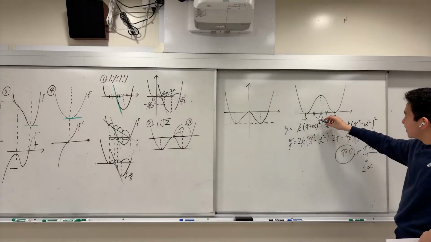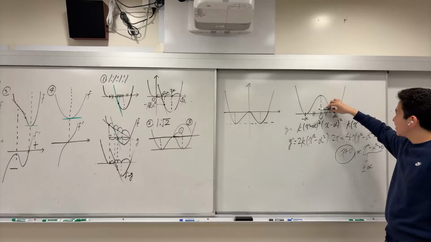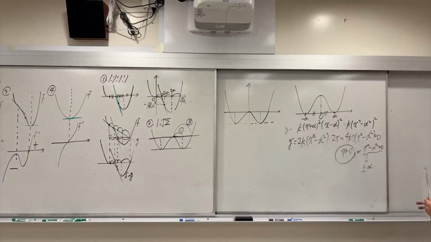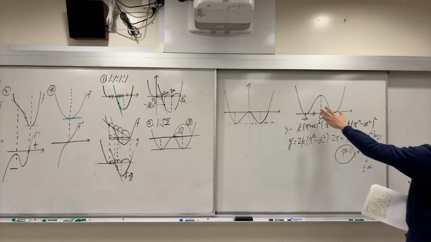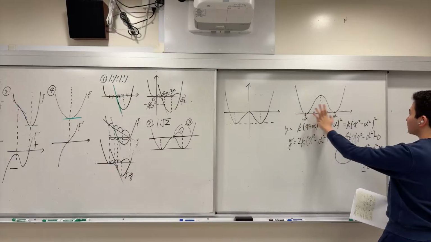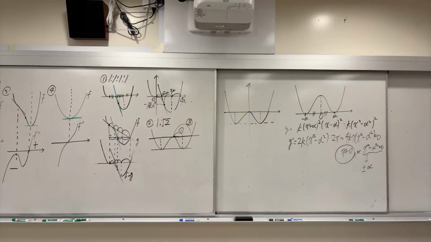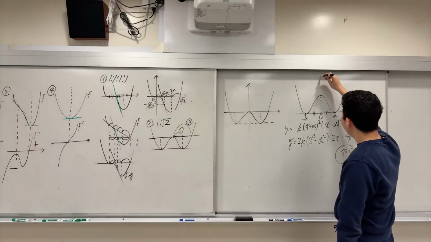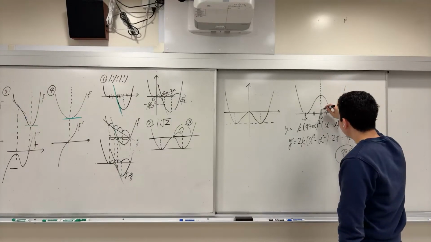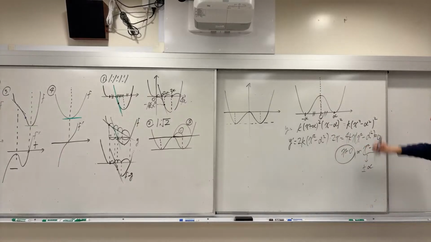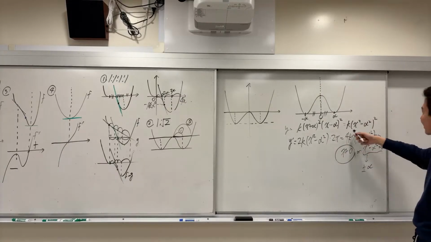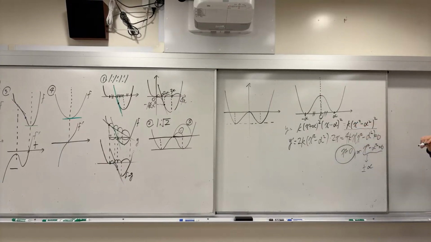We figured out that the local maximum is the exact midpoint of these two, right? So in this case, where both of them are tangent to the x-axis like this, the entire function is symmetrical about this line going through the center. Why? Because if we plug in negative x instead of x, the expression will not change one bit, right?